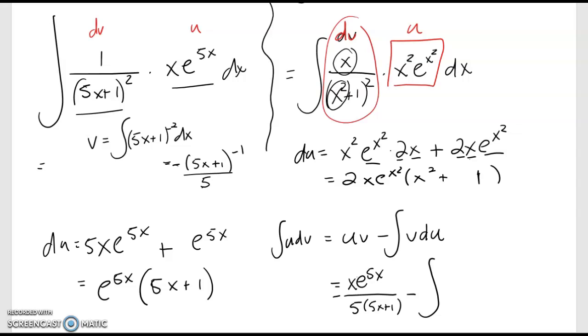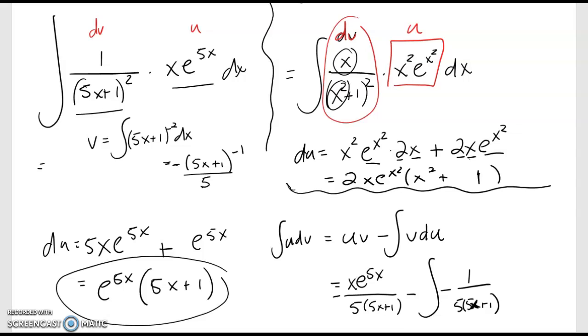So V is negative 1 over 5 times 5x plus 1, times du, which is this, and this should happen with this guy as well.